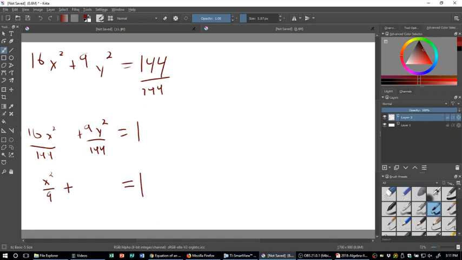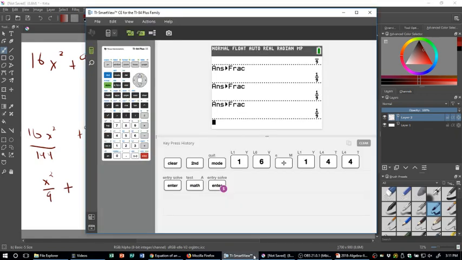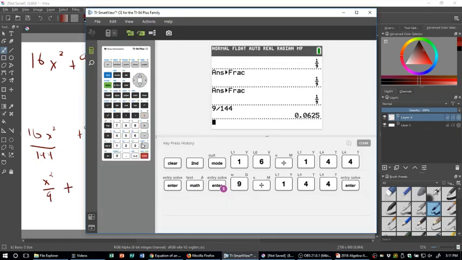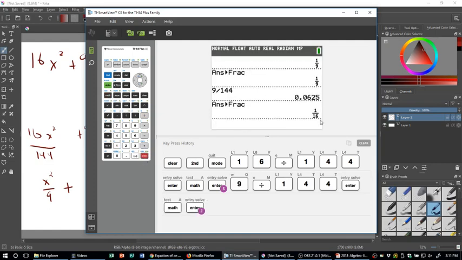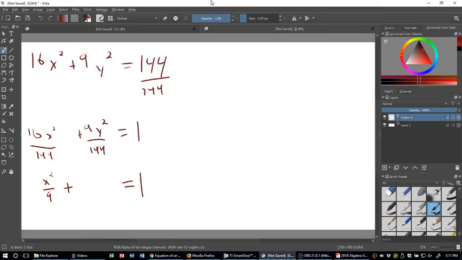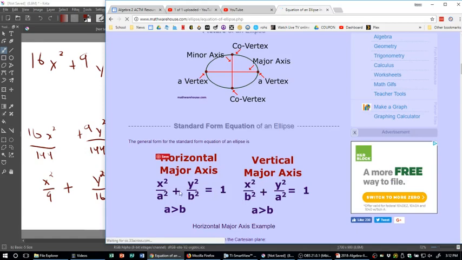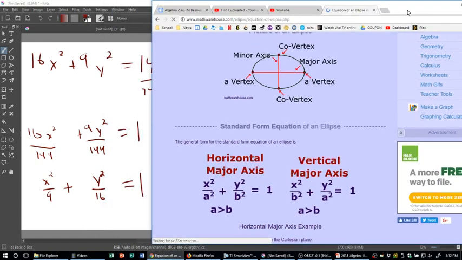And 9 over 144. There's its decimal, and math, enter is its reduced form, 1/16. So 1y squared over 16. Okay, so now it looks more like what they have on this website that I found here. They're both now equal to 1.